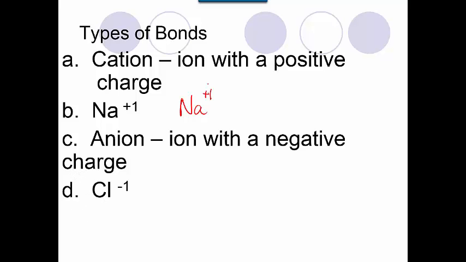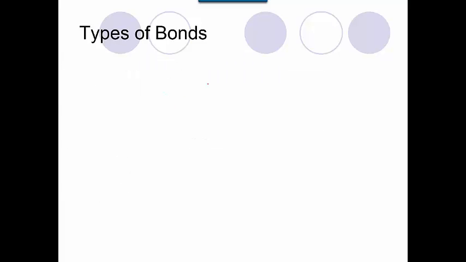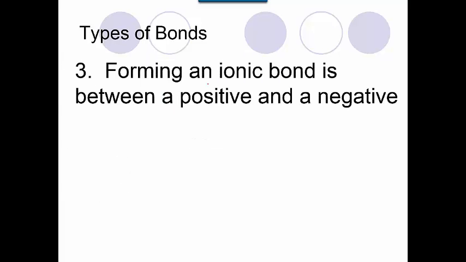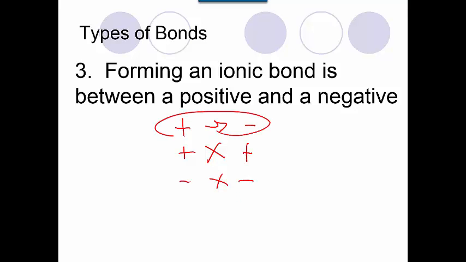And chlorine would be an example of this, with it has a negative charge. And there's going to be an ionic bond between a positive and a negative. So a plus and a minus, it can't be between two pluses, and it can't be between two minuses. It has to be a plus with a minus in order for it to be an ionic bond.